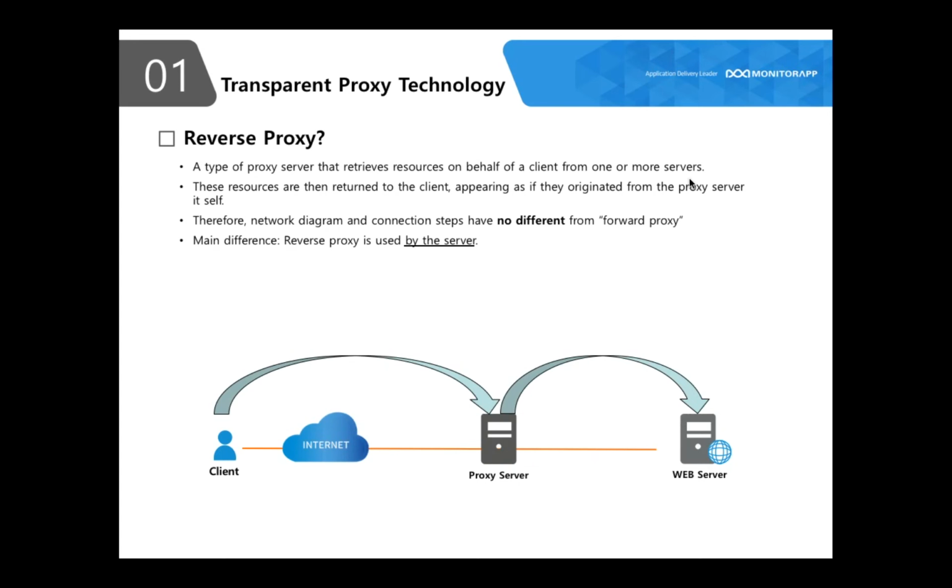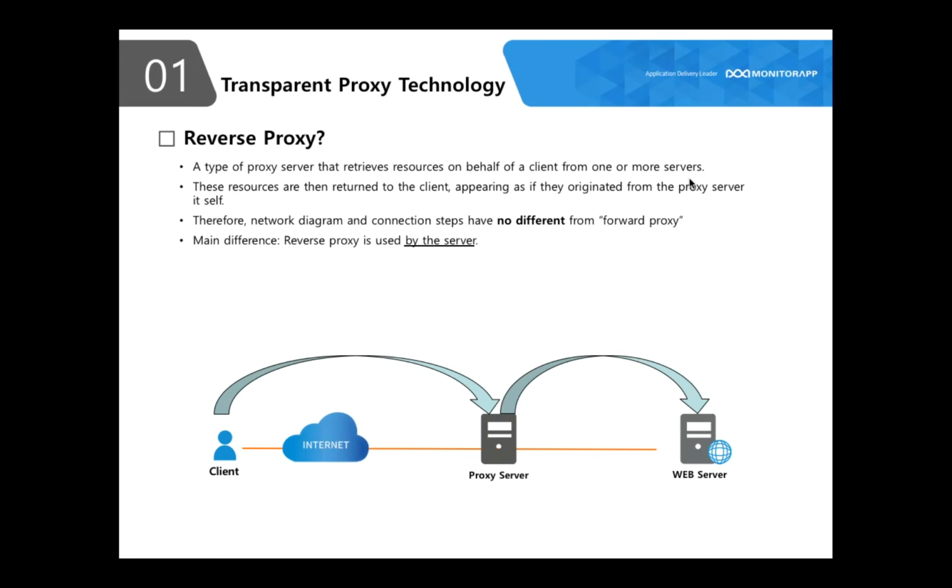Maybe if you see this presentation, you're still confused about the main difference. The huge difference is the proxy server's location. If the proxy server is close to the web server, it is a reverse proxy. But if the proxy server is located near the client, then it's a forward proxy. Because to defend the web server efficiently, the location should be close.